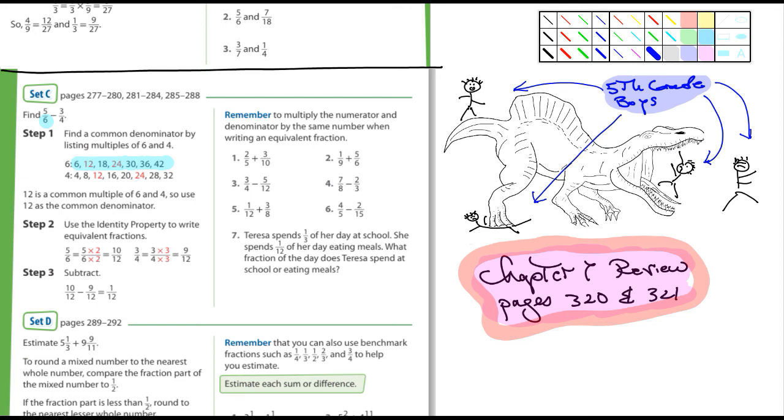And then they take the other denominator, in this case it's 4, and they start writing the multiples of 4, starting with 4, 8, 12, and so forth. All right. Then all you simply do is look to see the first matching multiple. And in this case, it's what? 12. So 12 would be the common denominator. And that's what they explain.